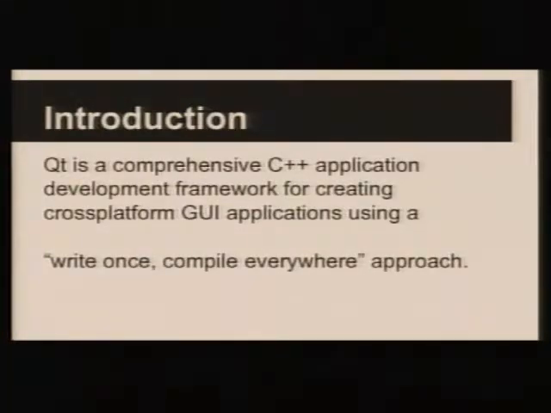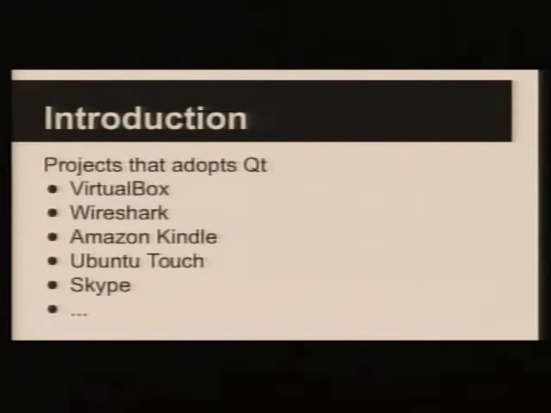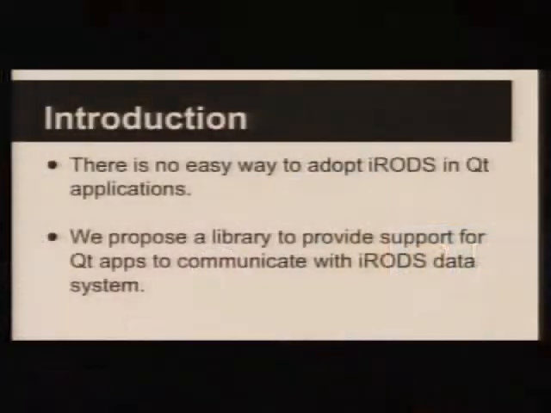So it's a very famous framework. There are a lot of important projects that adopt Qt. We have VirtualBox, Wireshark, Kindle, Ubuntu Touch, even Skype works with Qt. So we have important projects that use that framework.